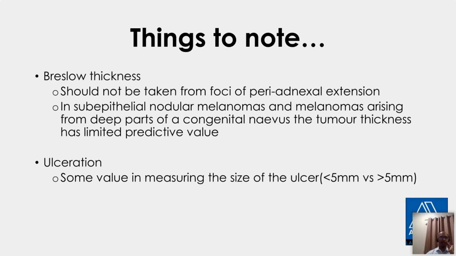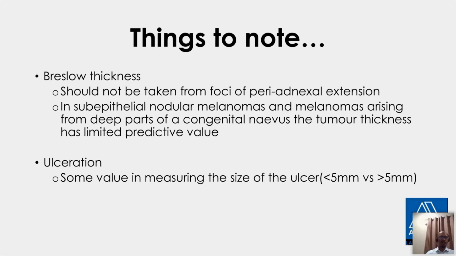Okay, regarding the Breslow thickness, the Breslow thickness should not be taken at foci of periadnexal extension. The reason being that sometimes those melanocytes around adnexal structures do not arise from the epidermis, but rather from the actual adnexal structures in the vicinity. So whenever possible, you should avoid measuring the Breslow thickness there.